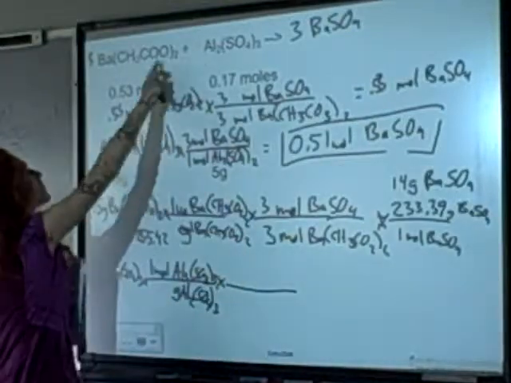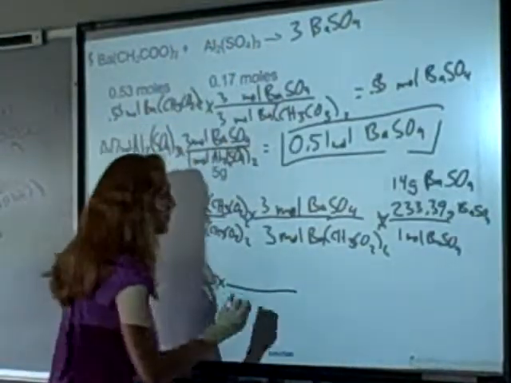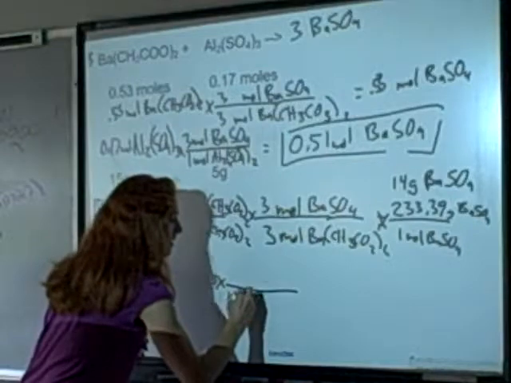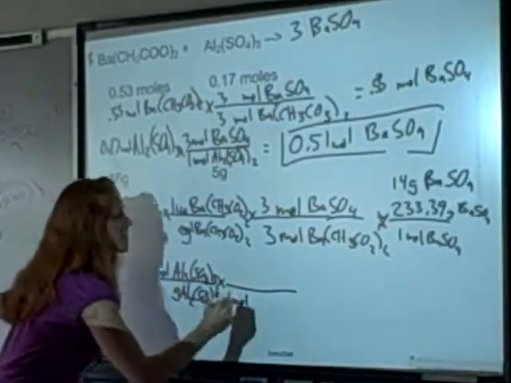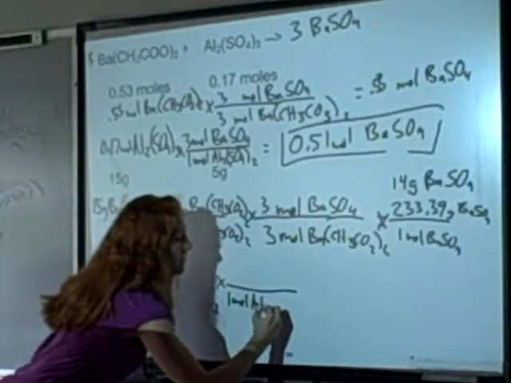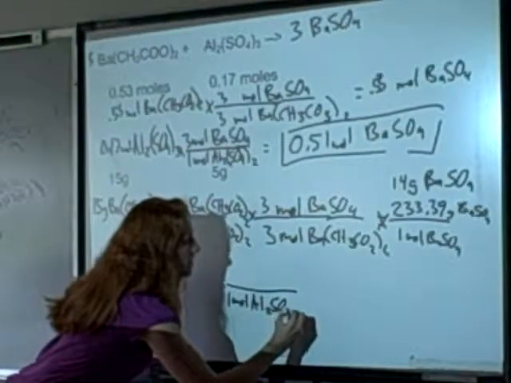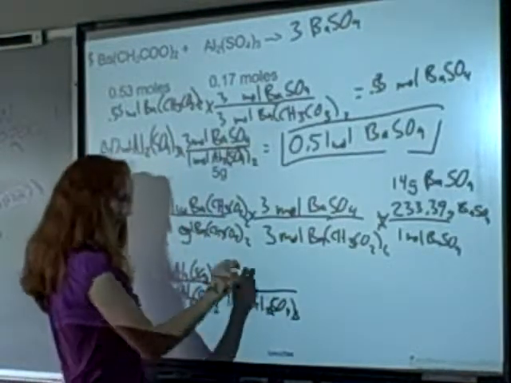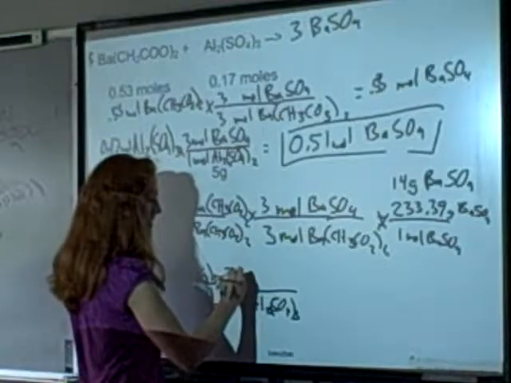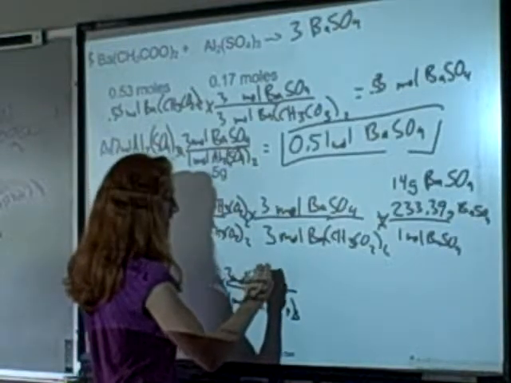And then I know that there's 1 mole of aluminum sulfate for every 3 moles of barium sulfate that I make. Again, whatever units here goes down here. So I'm going to go from moles of aluminum sulfate to 3 moles of barium sulfate.